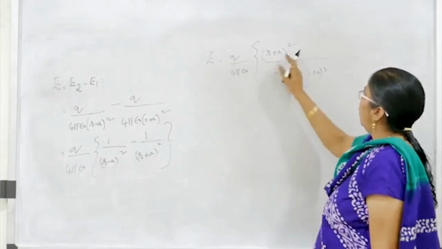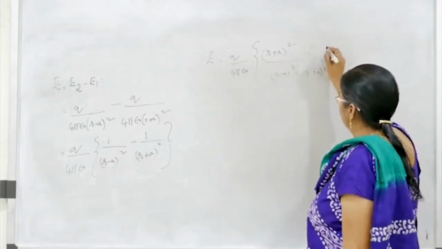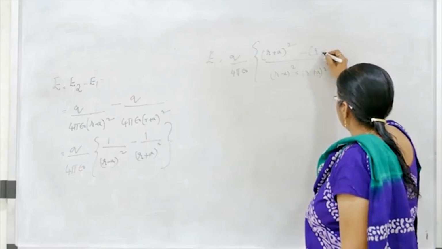So this becomes R plus A whole square minus R minus A whole square.